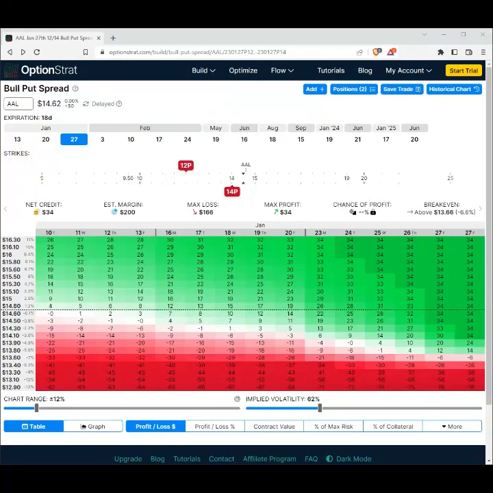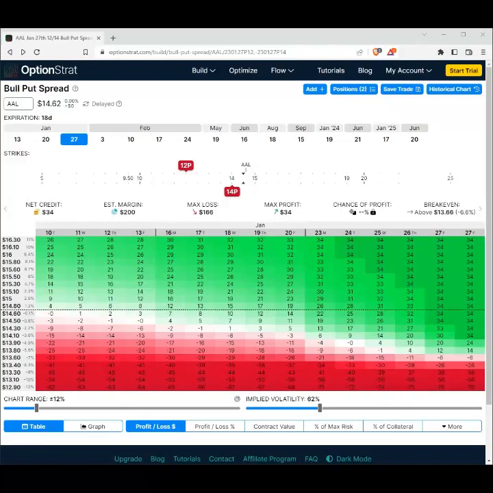So in summary, you enter a bull put spread when you buy a put contract and simultaneously sell a put contract at a higher price, but ensuring that the put contract that you sell at that higher price is lower than the strike point that you anticipate the value of the underlying asset to be by the time the contract will expire.